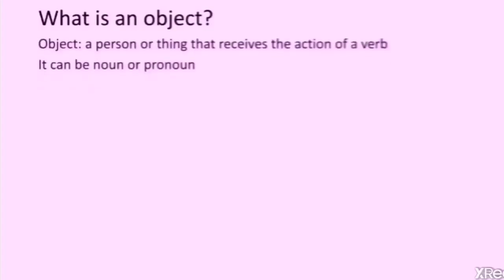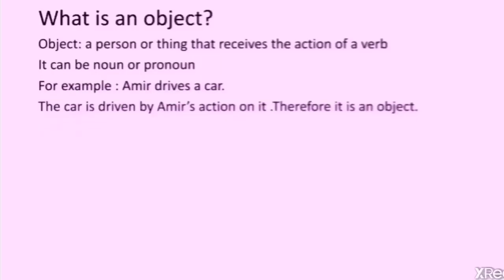What is an object? A person or thing that receives the action of a verb. It can be noun or pronoun. For example, Amir drives a car. The car is driven by Amir's action on it.